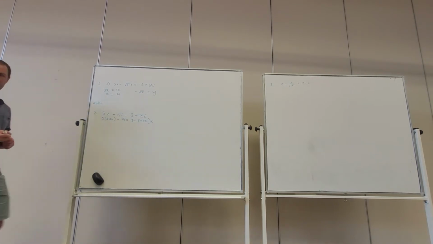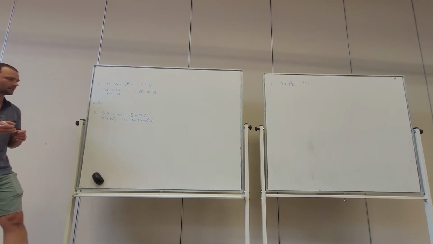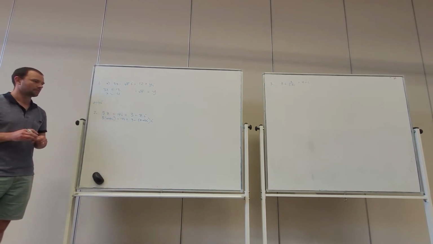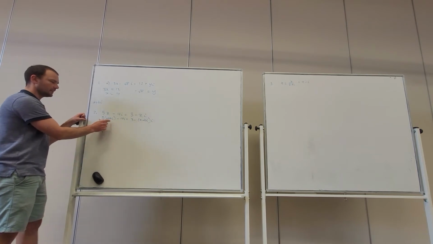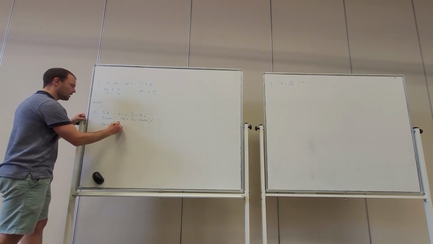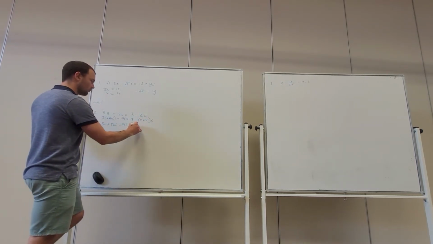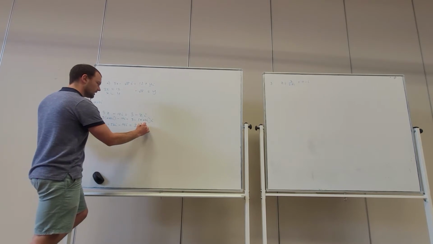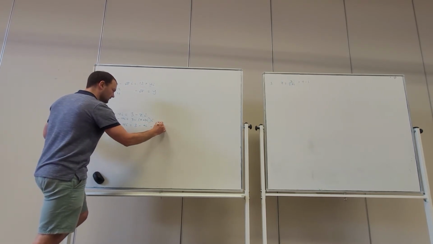We're going to expand this and try and get everything on one side altogether. So let's go ahead here. I'm going to have 5a plus 5bi, take 14i, equals 3, take ai, take bi squared.